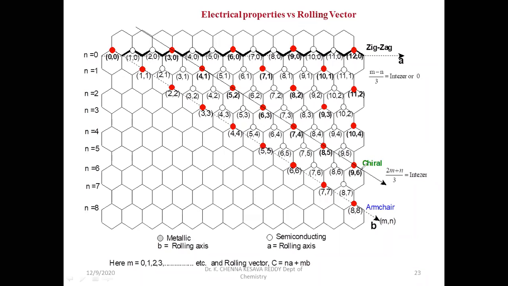It is an armchair only, but in between these two points, that is chiral, or anywhere in between these two. If the carbon nanotube is rolling in that vector, it will be chiral.